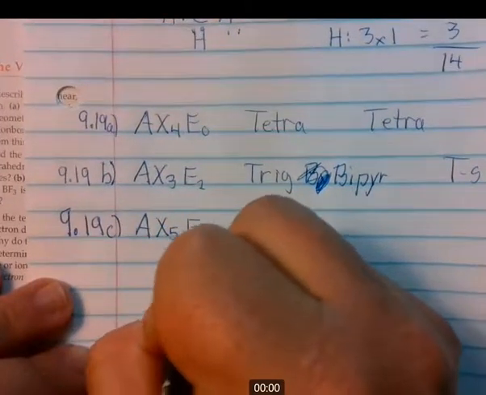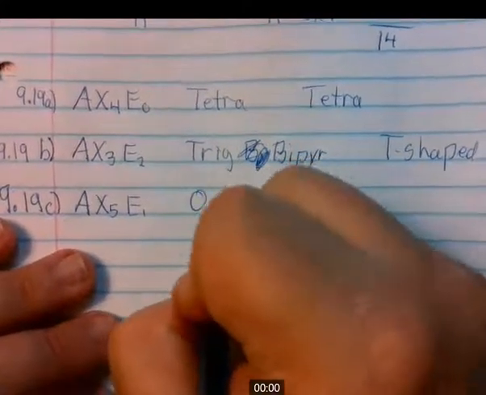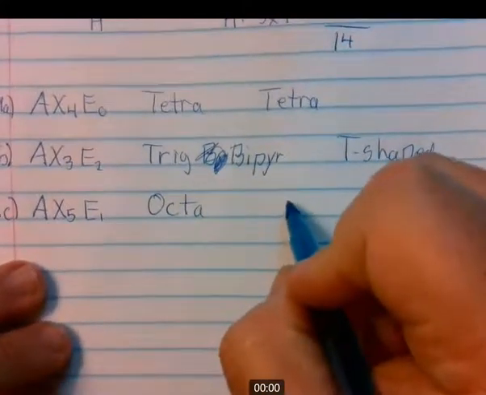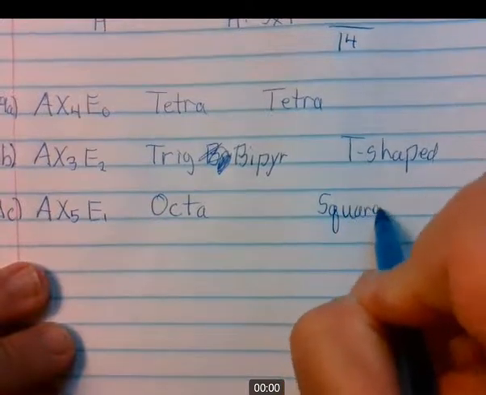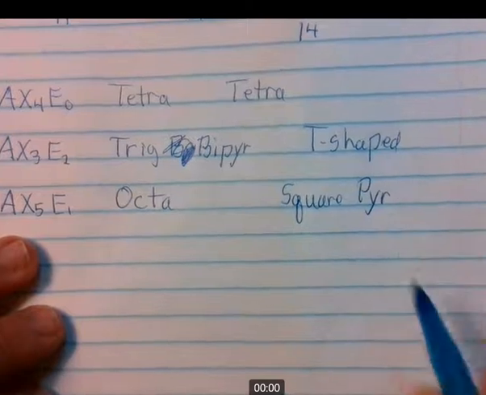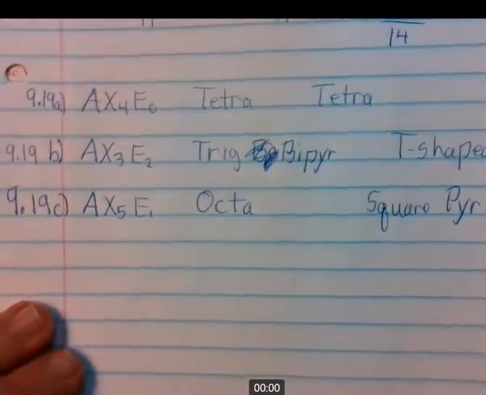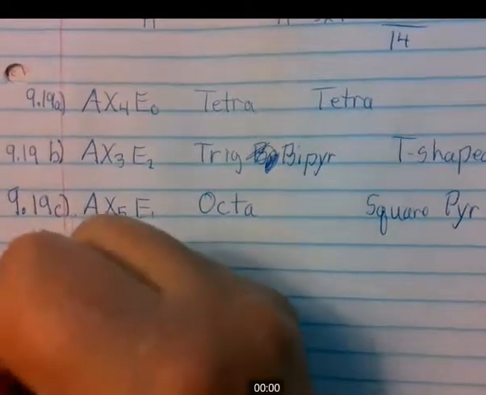AX5E1. So there you go right there. Okay, octahedral and square pyramidal.